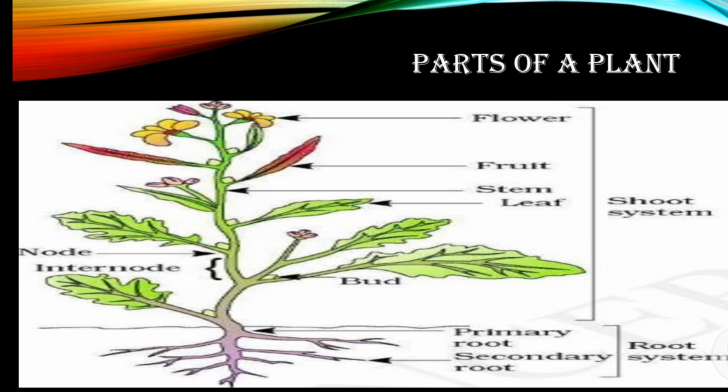So all these parts, that is the stem, nodes, internodes, branches, fruits, flowers, leaves, all these comprise the shoot system which is present above the soil. So these are the different parts of a plant.